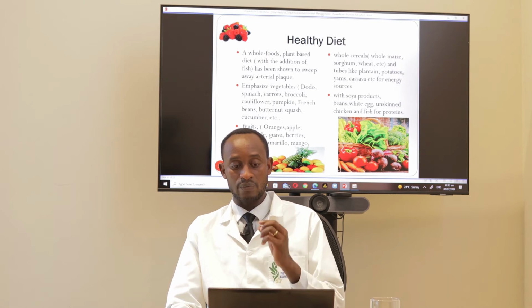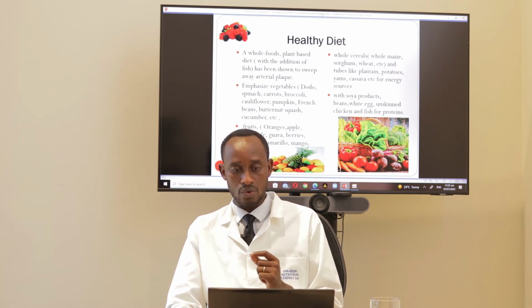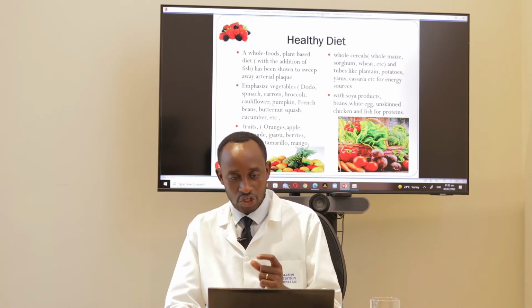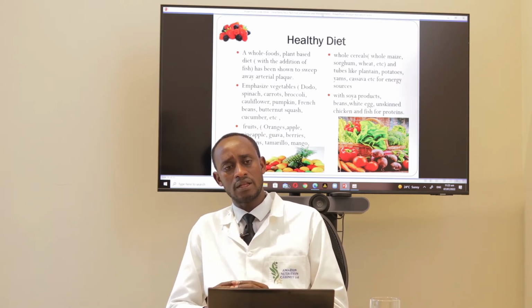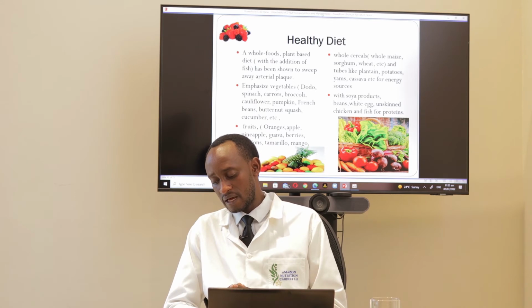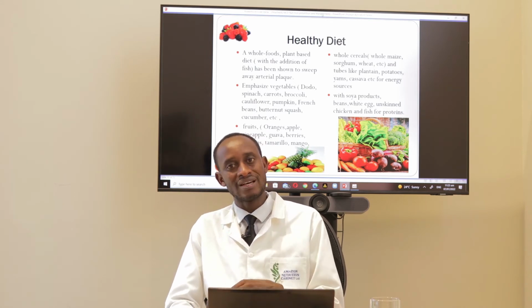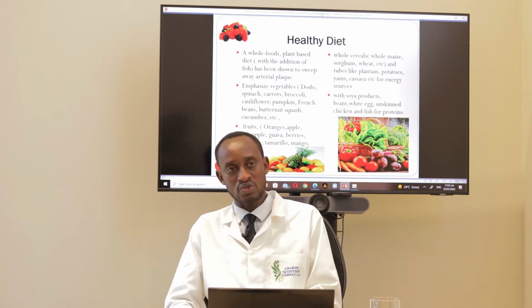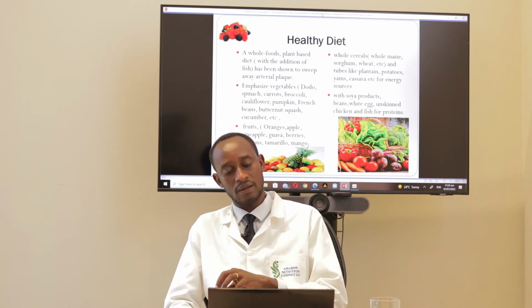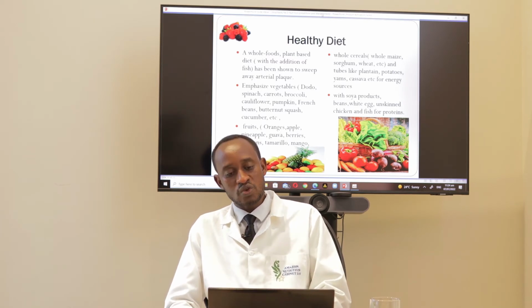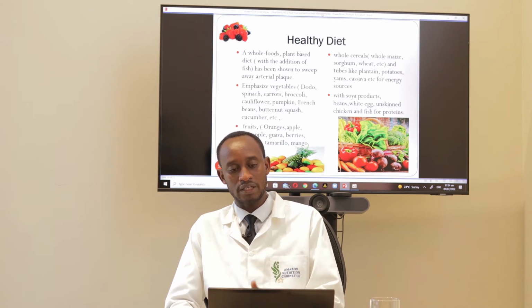These whole foods have been shown to sweep away arterial plaques. Arterial plaques are the accumulation of cholesterol in the veins. Because whole foods have fibers and do not have high density proteins, they play a role in sweeping away the arterial plaques.